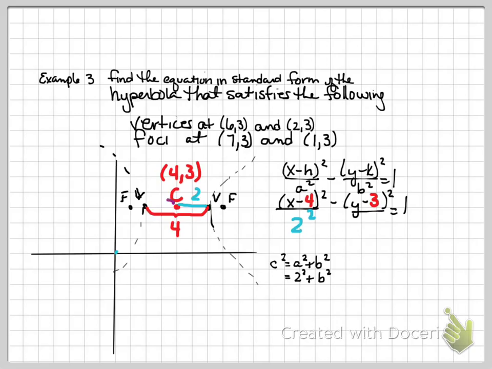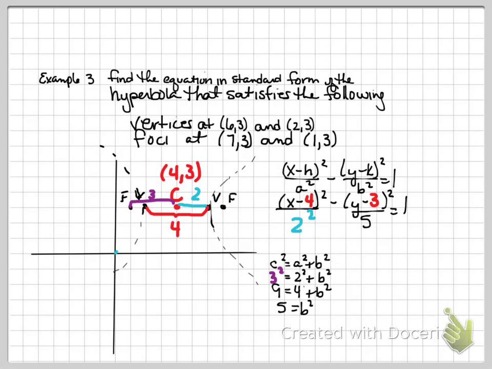And that's this distance right here, and that is 3. So I now have 3 squared here. And I'm just going to solve for b squared. So I have 9 equals 4 plus b squared. So b squared equals 5. I don't even have to square root it, because in my equation I need b squared. So I'm just going to put the 5 right here.